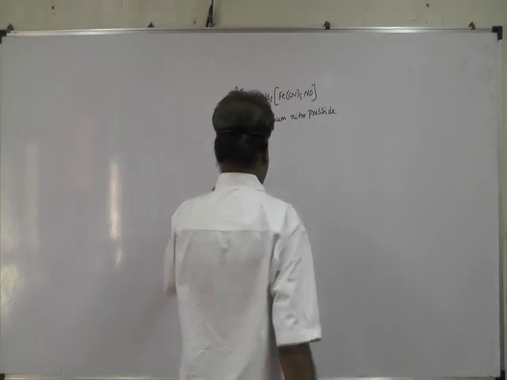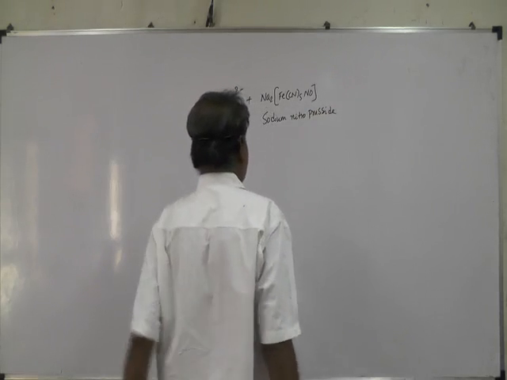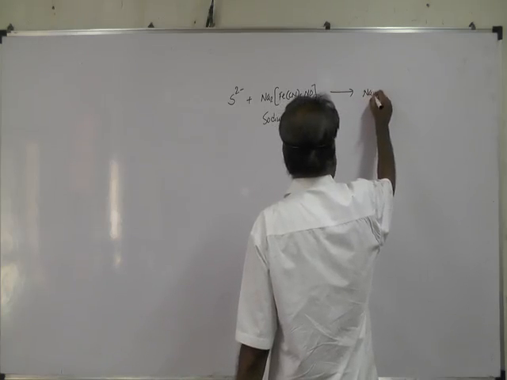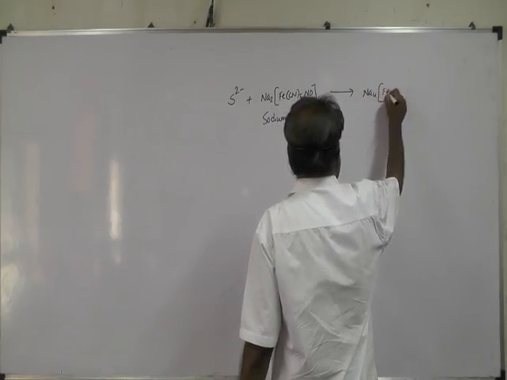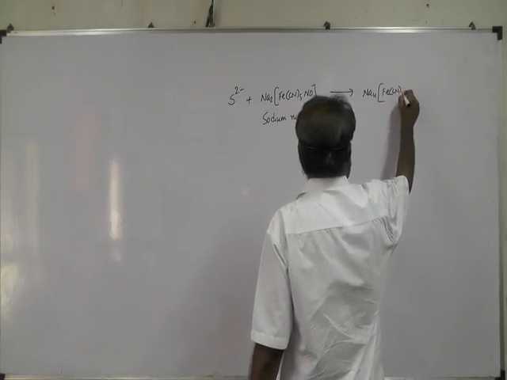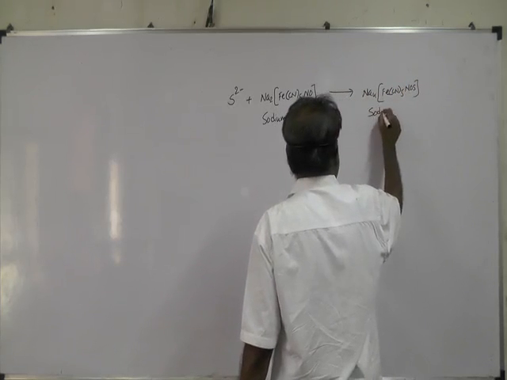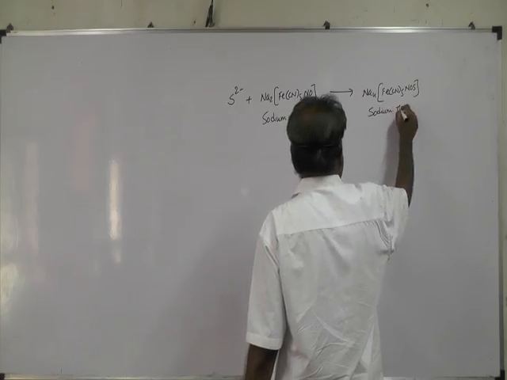from Prussia. Sodium nitroprusside. You get Na4 FeCN5NOS, which is called sodium thionitroprusside.